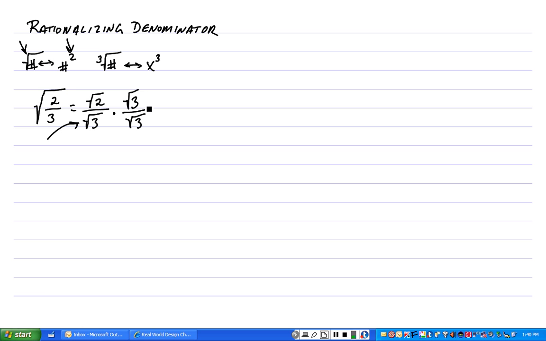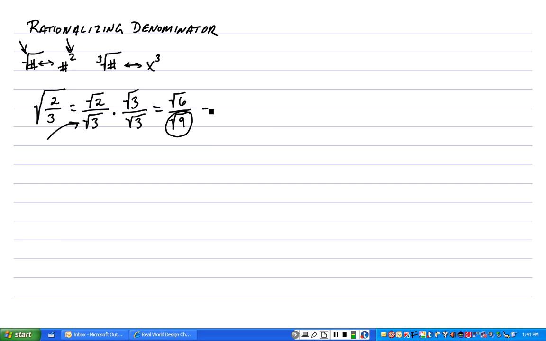So when I work this out, square root of 2 times the square root of 3 up top gives me square root of 6. In the bottom, square root of 3 times the square root of 3 gives me the square root of 9. If you notice, 9 is a perfect square.